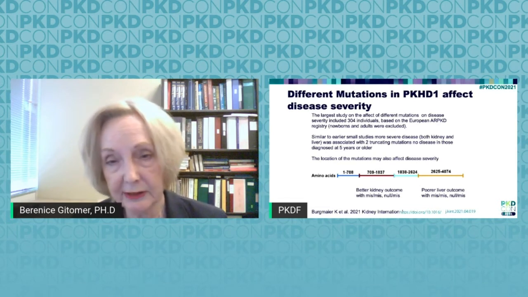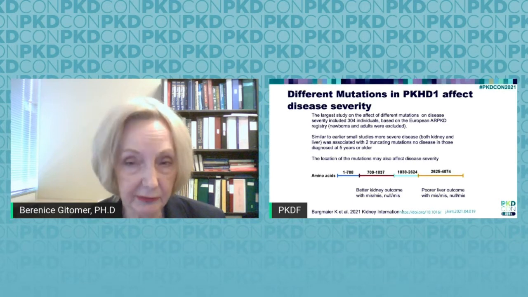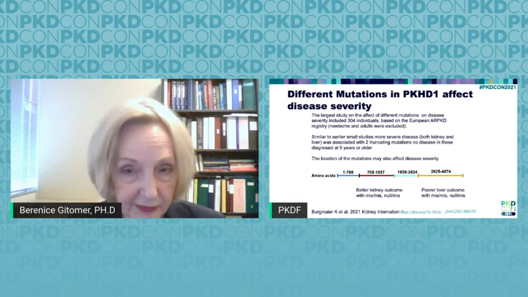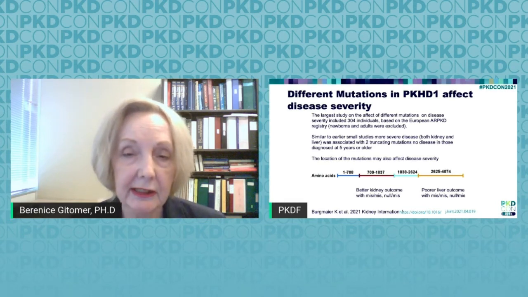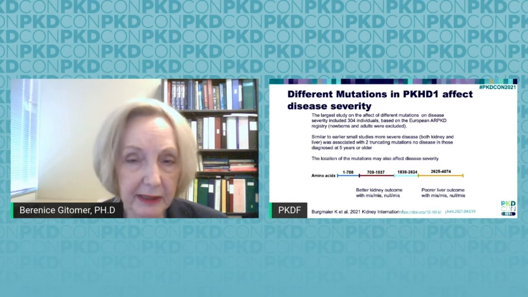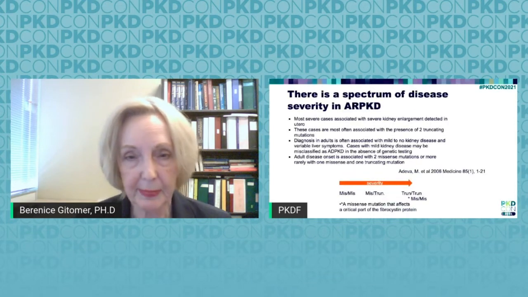And you can see here on the right of the protein, the mutations affecting that region were associated with more severe kidney or liver disease, whereas towards the left of the slide, you will see that mutations that affect that region of the gene were associated with somewhat milder outcomes. Next slide, please.